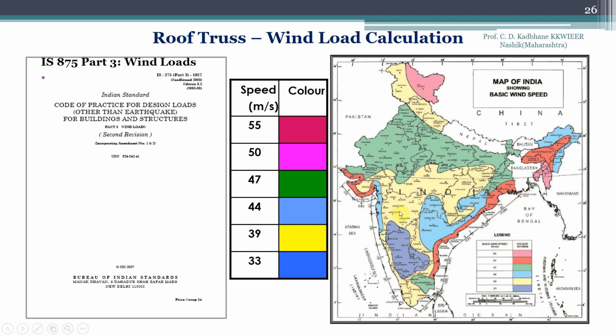All these parts are shown by yellow color. That means the wind speed in this region is 39, whereas the highest wind speed is available in the eastern coastal area of the Indian Ocean. Similarly, in the Gujarat coastal area the wind speed is highest. Similarly, in the northeastern states the wind speed is highest, which is shown by red color.